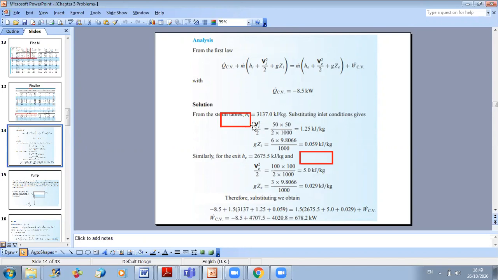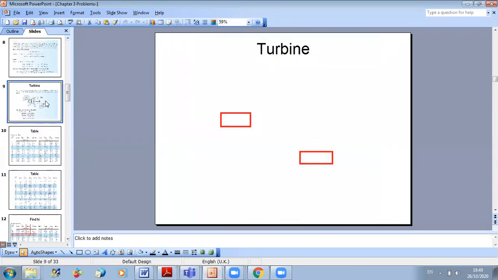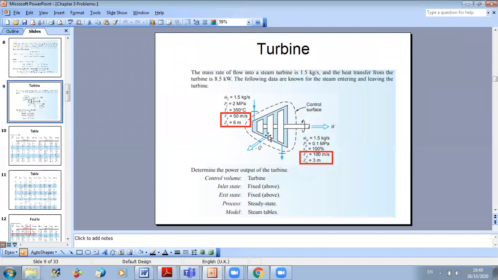Okay, now if you go back to the given, they told you that I have a certain heat lost by the turbine, and the heat transfer from the turbine is 8.5 kilowatt. In general, if they don't mention anything about heat transfer from the turbine, you consider that it is well insulated and we don't have any loss of heat.